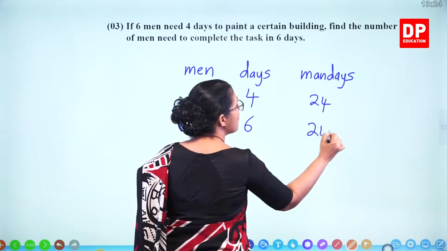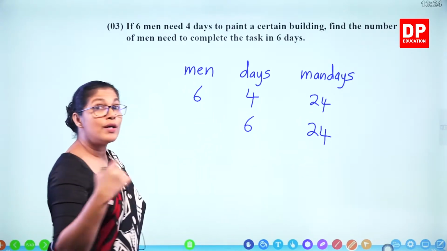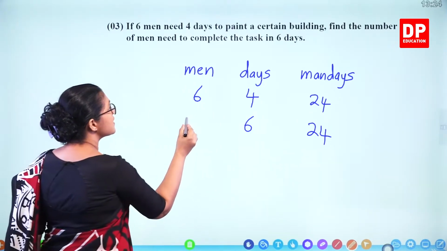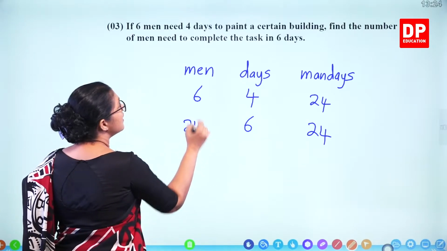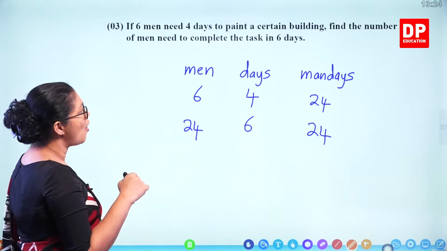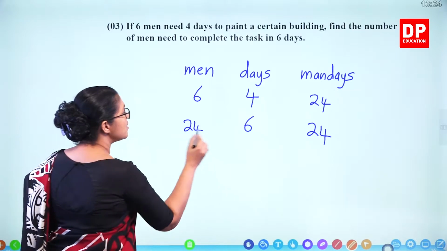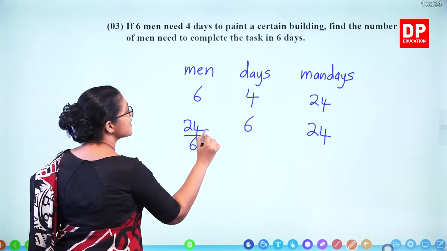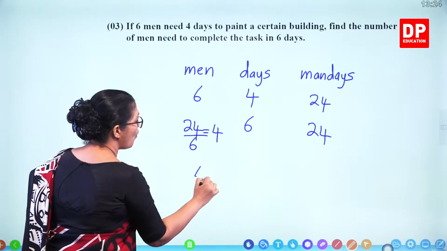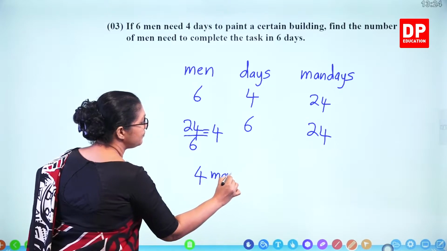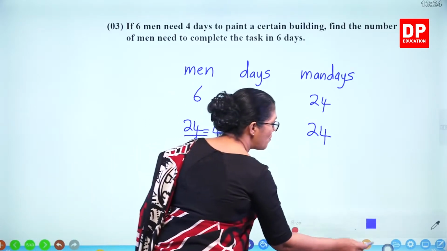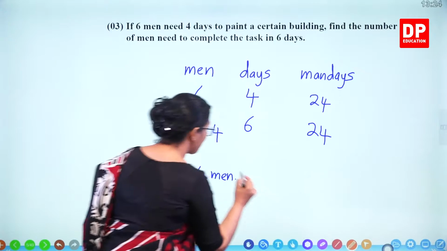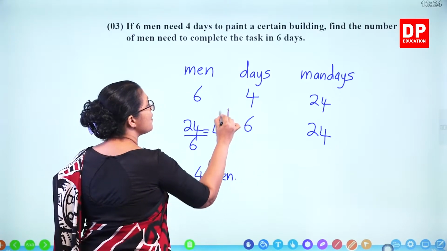So same number of man days, but now 6 days are there. So how many men needed? 24 divided by 6. So 4 men. So 2 marks, 1 mark for this and 1 mark for the method.